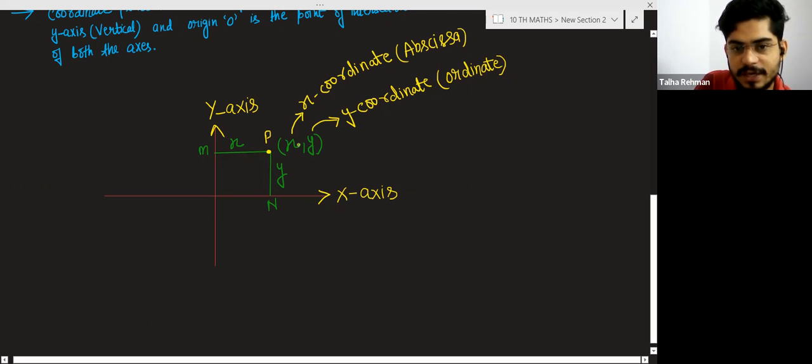And what is x coordinate? X coordinate is the perpendicular distance between the point P and the y-axis. Y coordinate is the perpendicular distance between the point P and x-axis. And this intersection point is origin.